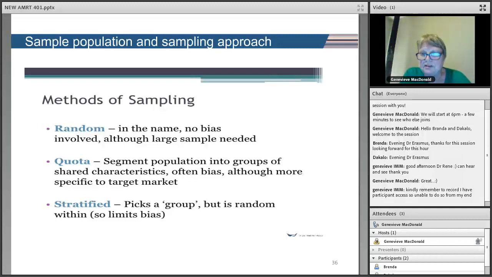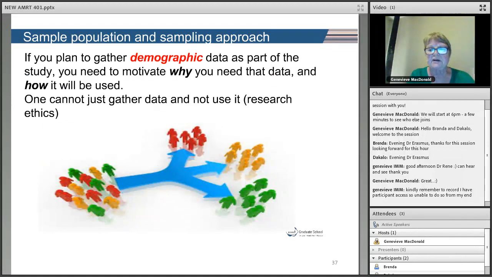That is quotas. Then stratified: say for instance in a company you are going to survey people, and you say so many from the floor level, so many from supervisory level, so many from manager level, so many from top management. That is stratified sampling. But there are many others, please go and look at them as well.